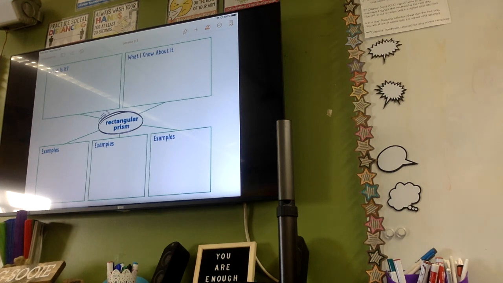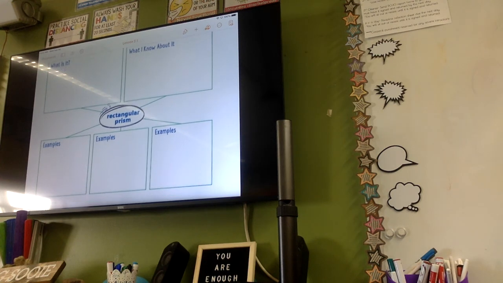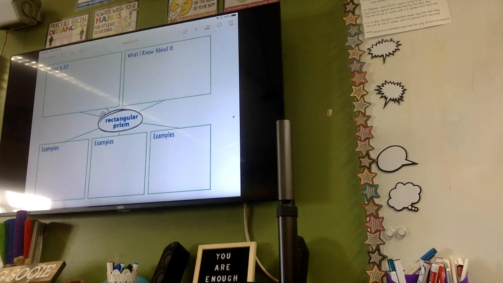All right, so let's talk about the top of page 19 first. So you have the little boxes like you're used to filling out. This time, your word is rectangular prism. So in the first box, tell me what a rectangular prism is. In the second box, tell me what you know about it.